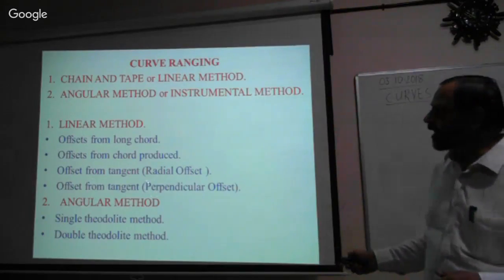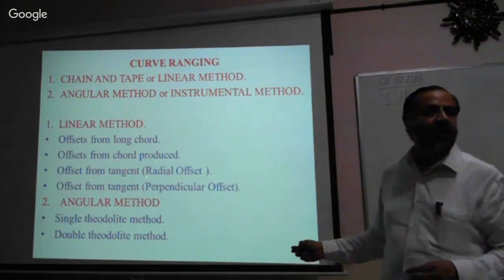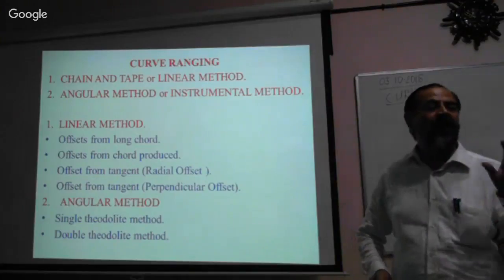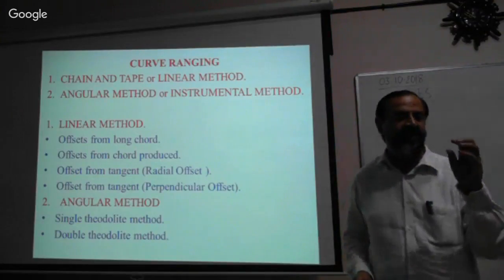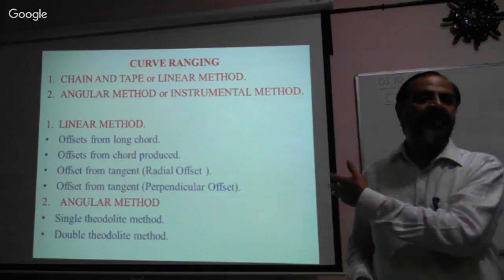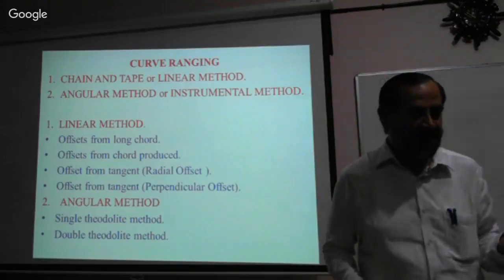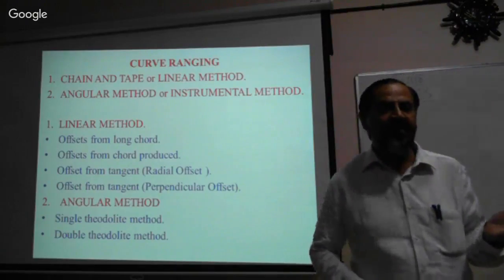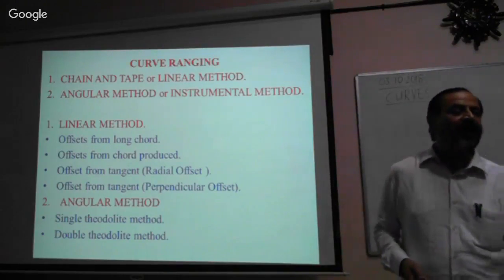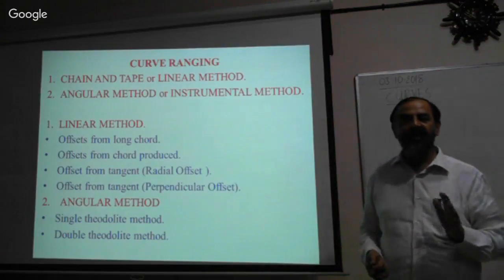These are the linear methods, used only with chain and tape, so we can transfer the curve from paper to the field. Do you know the meaning of linear method? Linear method means only by chain and tape.